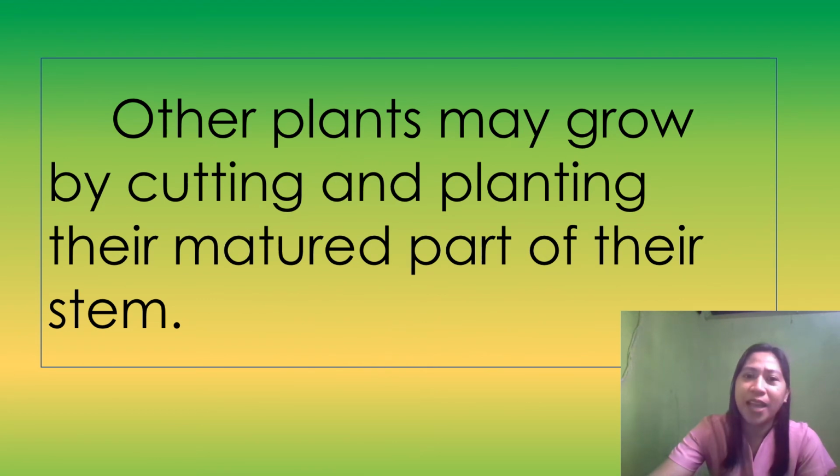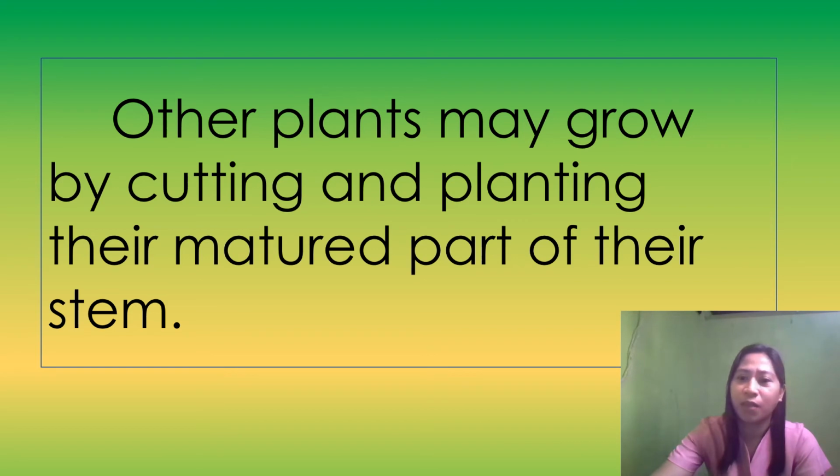Okay, other plants may grow by cutting and planting the matured part of their stem. So a while ago, the plant used its leaves in multiplying its own kind. This time, it uses its stem in multiplying its own kind.